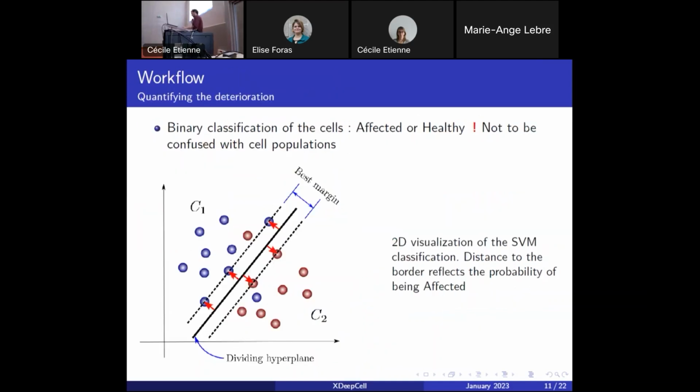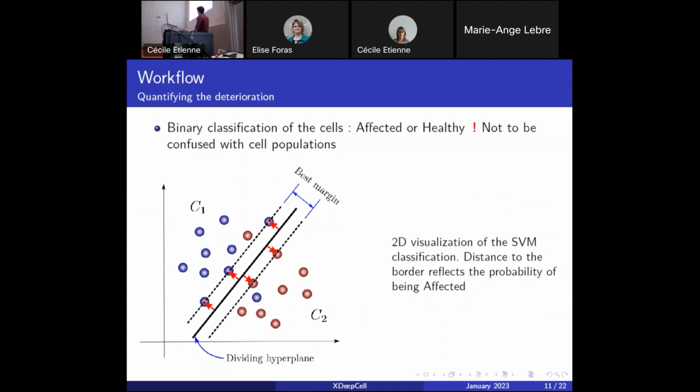With this representation of cells, we want to quantify the deterioration of it. And in order to do so, we perform a binary classification of the cells between two classes, one that is affected or deteriorated cells, and a class which is healthy cells. These classes have not to be confused with the cell populations because, once again, inside the population, there can be outliers.